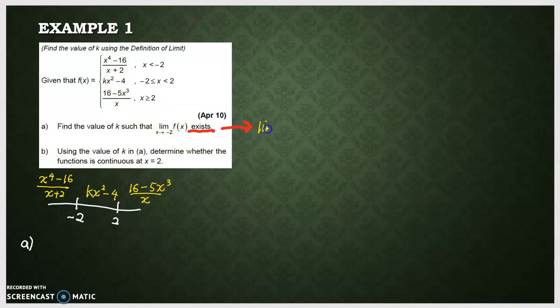In other words, the limit when x approaches -2 from the left hand side for f(x) must be equal to the limit when x approaches -2 from the right hand side in order for the limit to exist. So first, we try to find the left hand limit and the right hand limit.